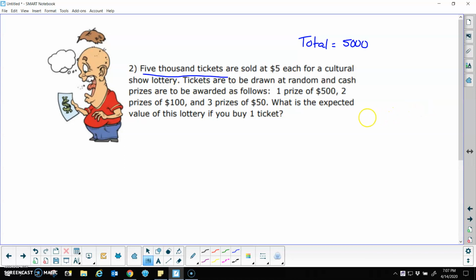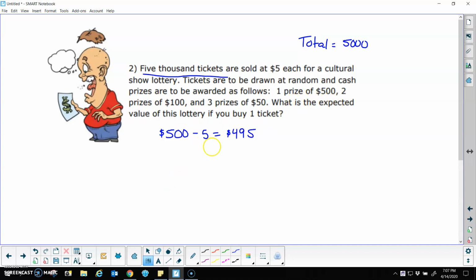Okay, so let's assume we're playing this game. Now, if I win that $500 prize, am I truly winning $500? And the answer is no, you're not. Because remember, how much did you pay for that one ticket? You put in $5, so you've won technically $495. Because you pay yourself back the original $5, and then you get your $500.